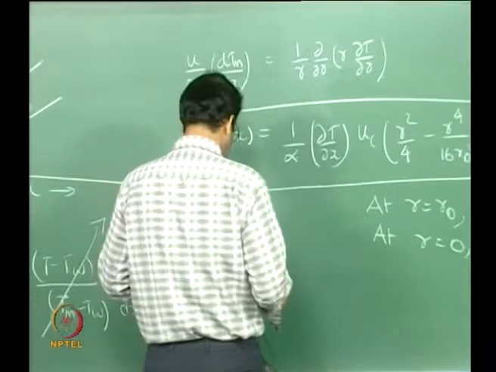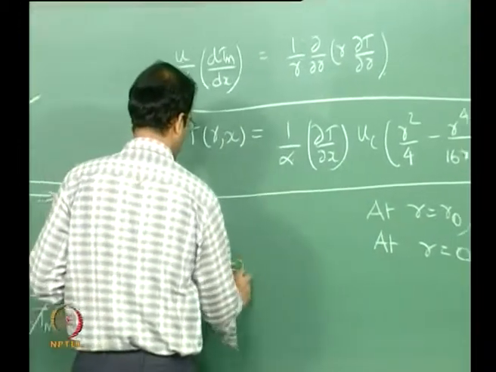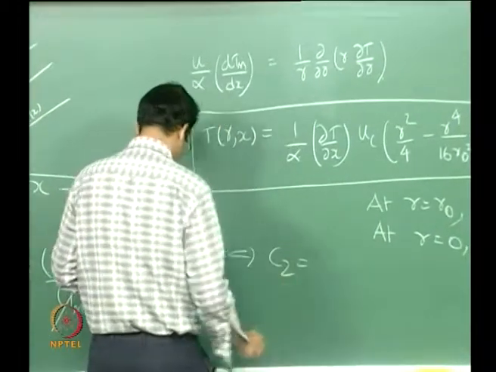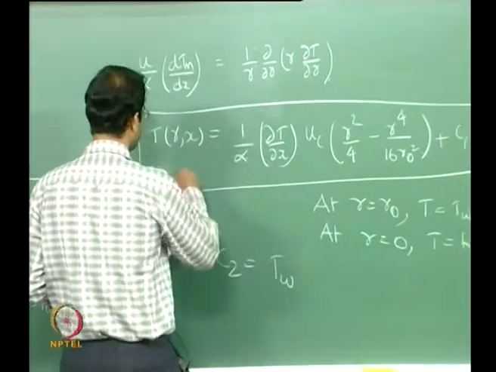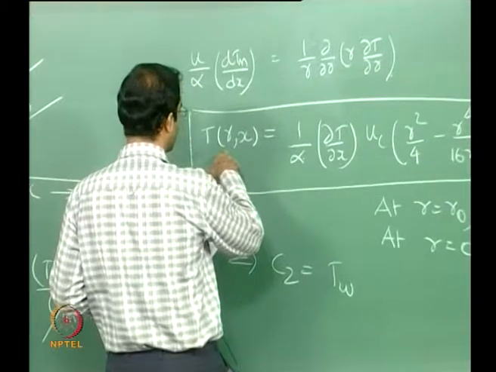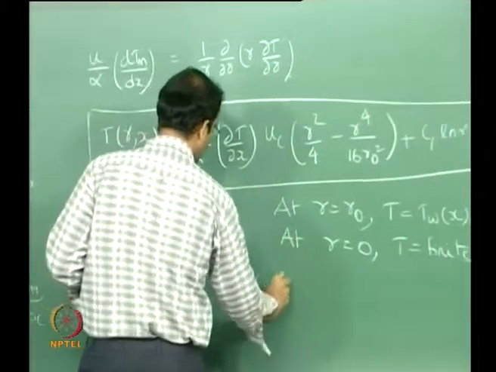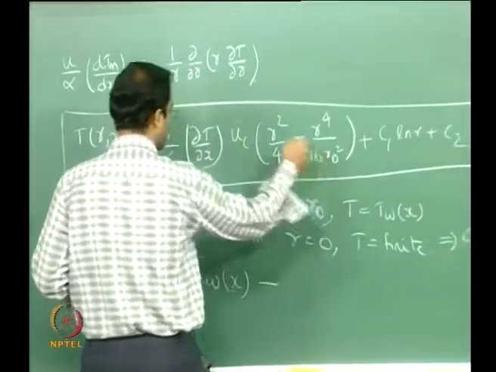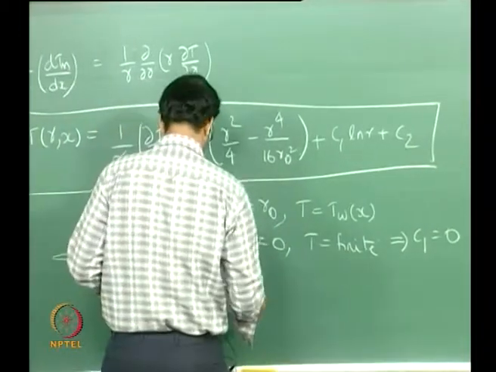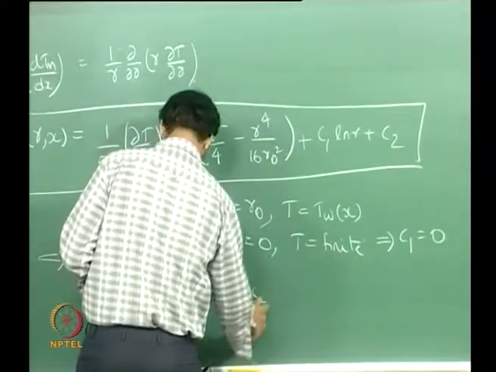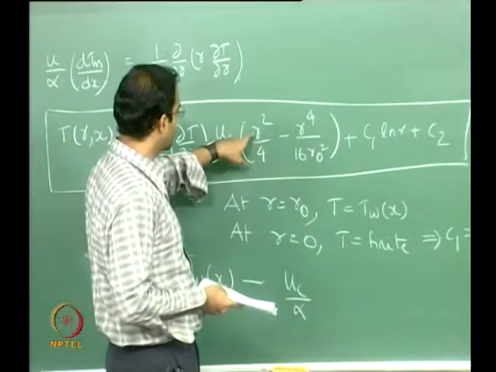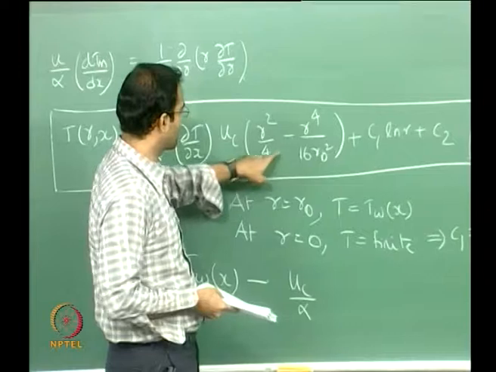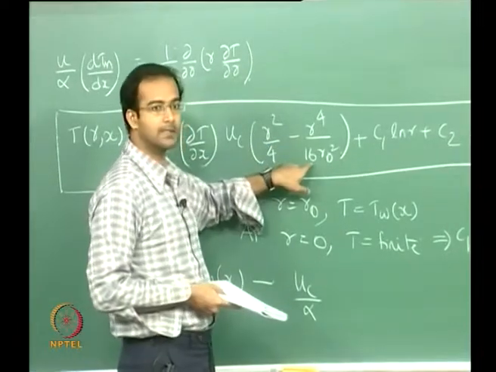So if you substitute, you can determine the constant. At r equal to r naught, T will become T wall, so this will be T wall of x minus this entire thing goes to the left hand side, this is uc by alpha into dTm by dx, evaluated at r naught: r naught square by 4 minus r naught square by 16.